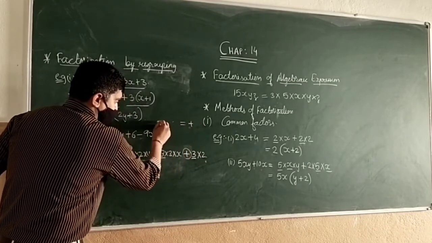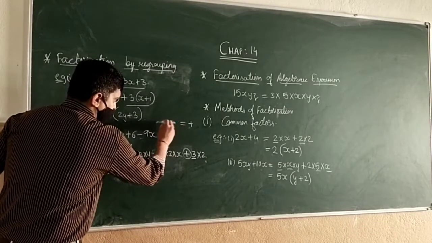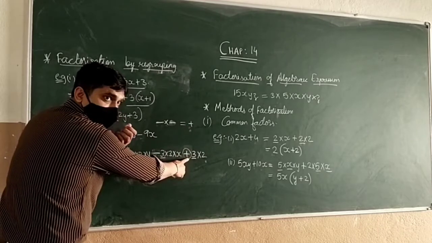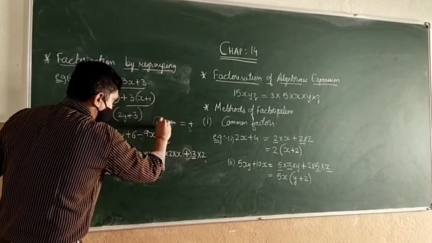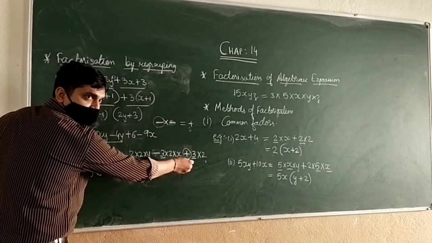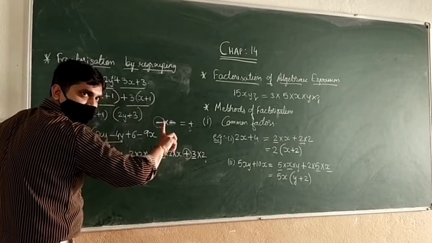This plus was formed with minus into minus. Minus into minus was plus. In this plus there is already minus into minus. Now one minus I have already taken out from this also. That means inside one minus is left.